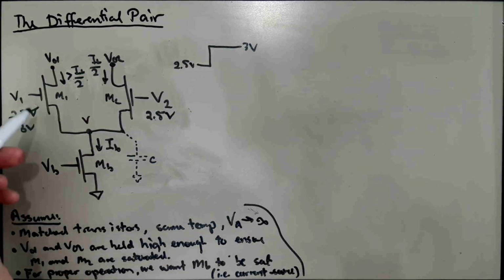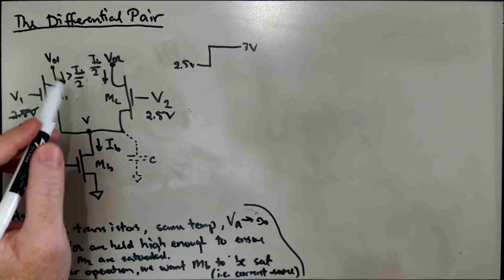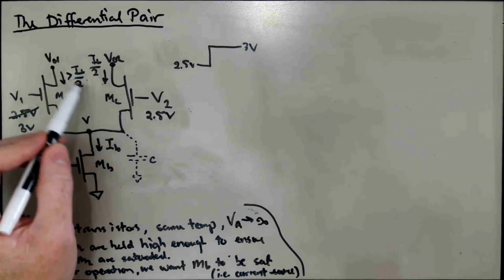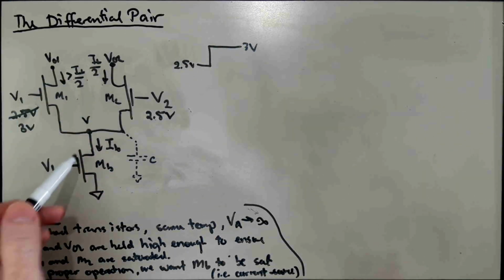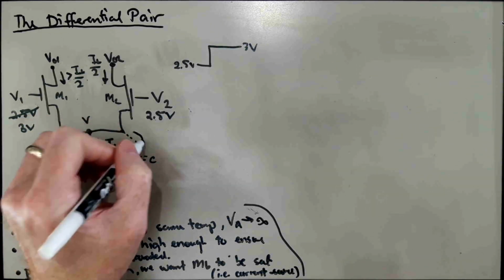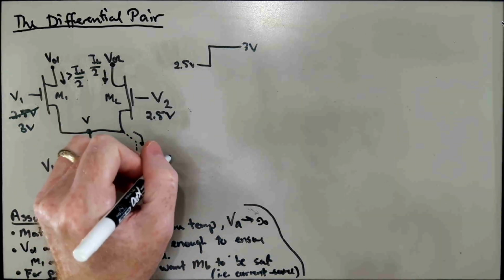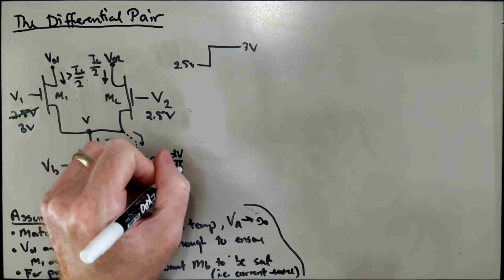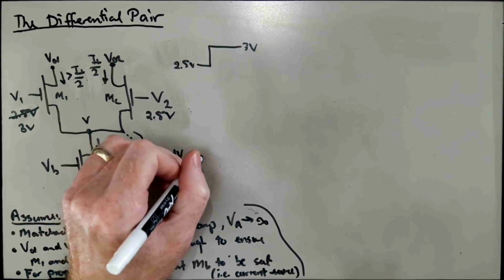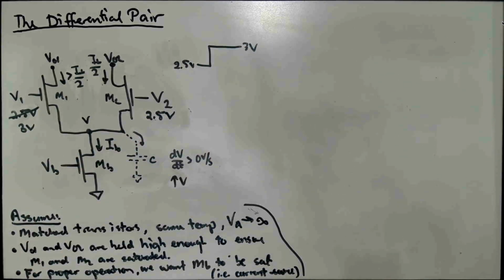All right, so its current's going to increase. And so we still have more than IB flowing onto node V. And we still have now some excess current that's going to flow into this node capacitance. So we get dV/dt is greater than 0. And so that means V is going to increase.